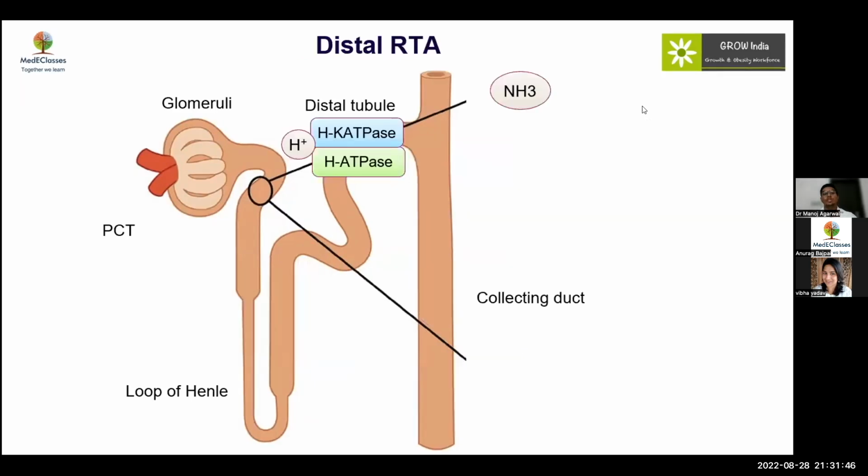If we talk about the diuretics, then in the distal RTA, there will be a defect in the acidification. What does that mean? That means that body is not excreting proton from the body. So for maintaining the electric gradients, body tries to lose all the positive ions from the urine, like potassium, calcium, and all the positive ions.